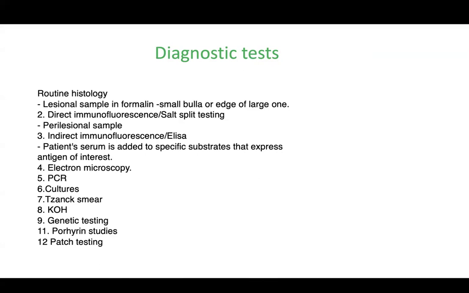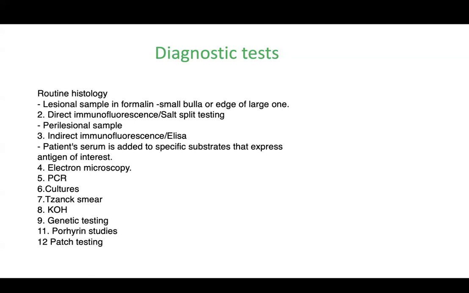We can also do direct immunofluorescence to see different types of autoimmune blistering disease, as well as indirect immunofluorescence and ELISA tests, in which the patient's serum is added to a specific substrate according to the disease we're suspecting, and it shows the antigen. And electron microscopy, especially for epidermolysis bullosa, to know the subtype.